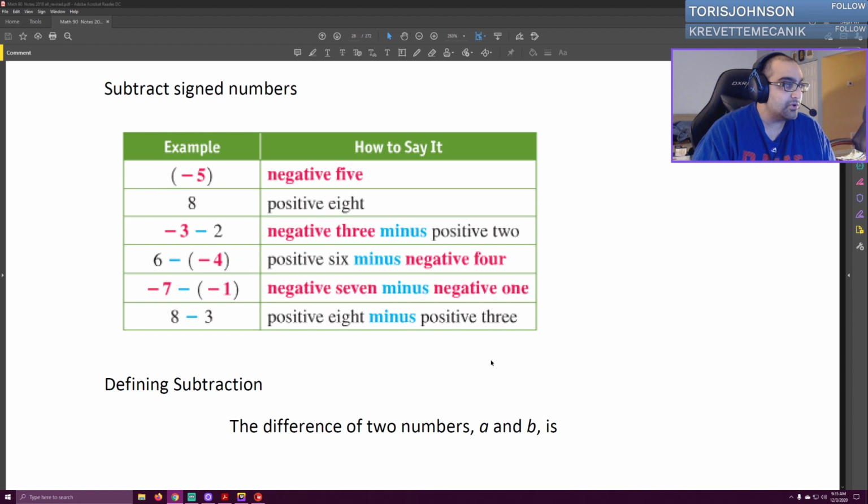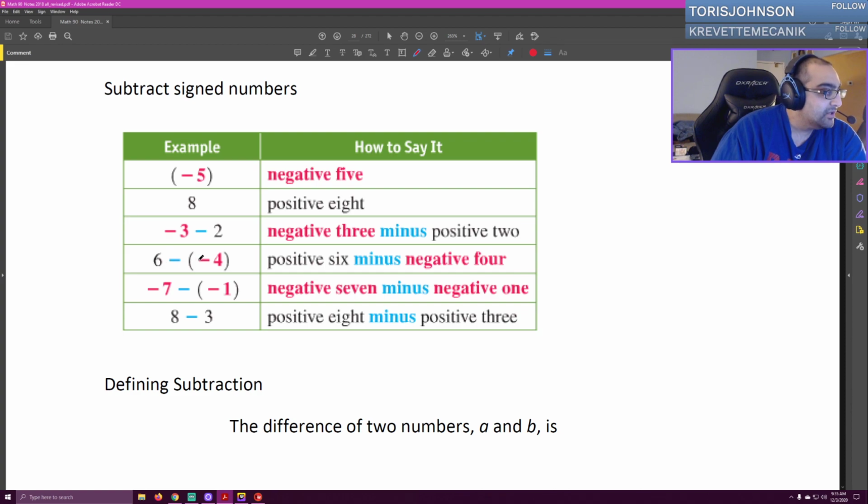Okay, so let's go ahead and talk about subtracting signed numbers. As you can see here on the screen, there are several ways to view signed numbers in terms of subtraction. It says -3 minus +2, or -3 minus 2 is another way to view that, for example. -6 minus -4, -7 minus -1, or 8 minus 3.